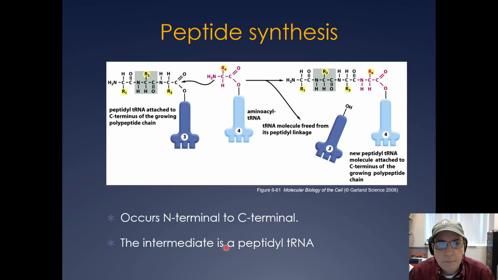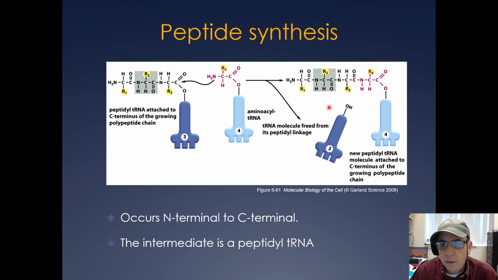All right, now on to peptide synthesis. What ends up happening is when you have a charged aminoacyl-tRNA, the peptide bond is formed, and then what you have is a peptidyl tRNA that's attached to the growing polypeptide chain. An incoming aminoacyl-tRNA will then form a peptide bond with the previous one.